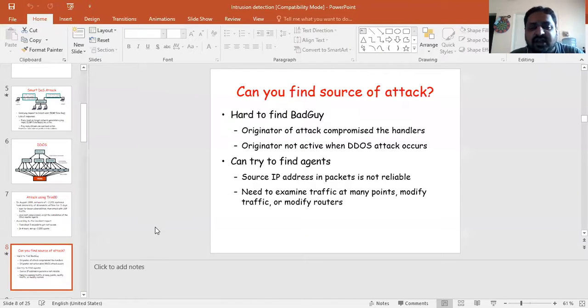These systems in the network are called agents, where they install different services. And when they install different services on different systems in the network, they launch the attack on a network or on a system.